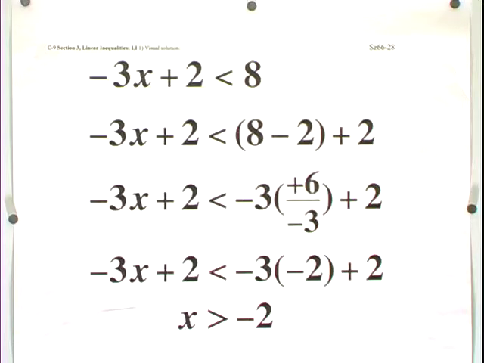That means that the sense of this inequality must be switched on the last step. So x is not less than minus 2, x is greater than minus 2. So the range of the variable will be on the number line from minus 2 to plus infinity.